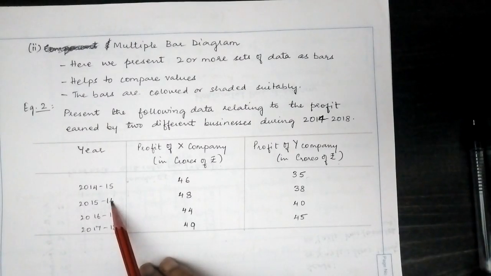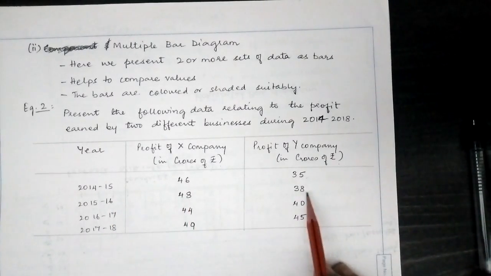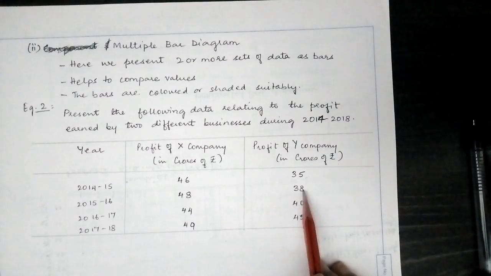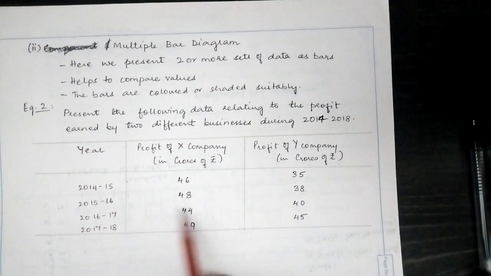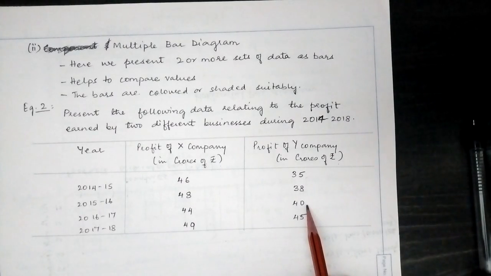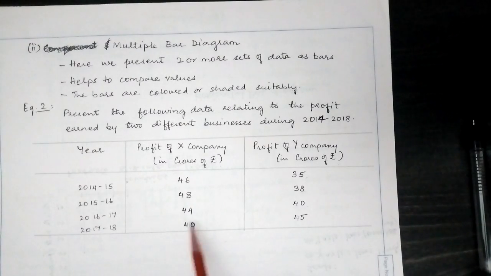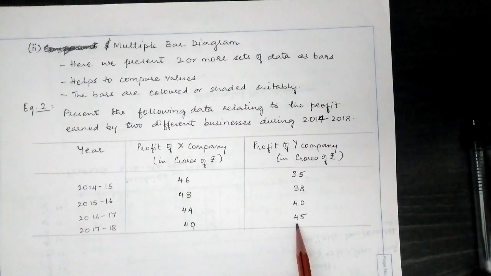In 2015-16, X had 48 crores of rupees and profit of Y was 38 crores. In 2016-17, profit of X was 44 crores and profit of Y was 40 crores. Similarly, in 2017-18, profit of X company was 49 crores and that of Y company was 45 crores.